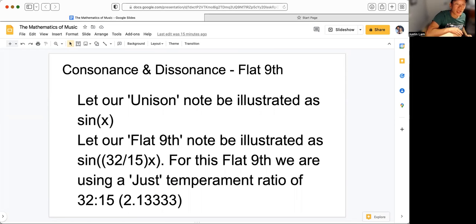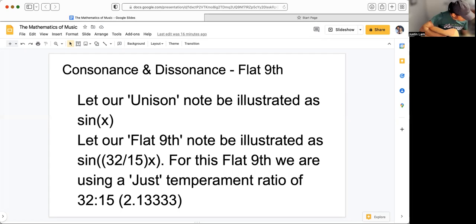So I want to talk lastly here about this idea of consonance and dissonance just a little bit more. And so what I'm going to do here is talk about this octave again. And I'll choose my G note here and the note above, except I'm going to make that a little bit off.